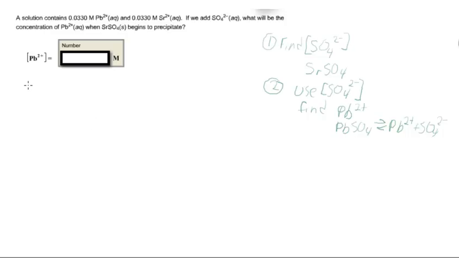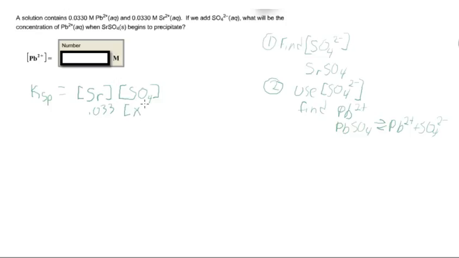Well, first let's start with the KSP. The KSP of the strontium sulfate is going to be the concentration of strontium times the concentration of sulfate. And we're told that we have 0.033 molar of strontium.